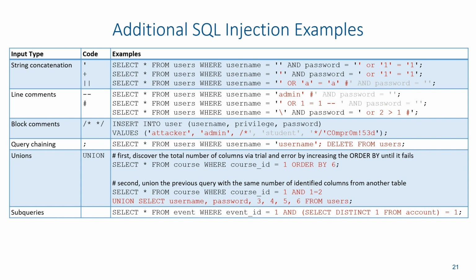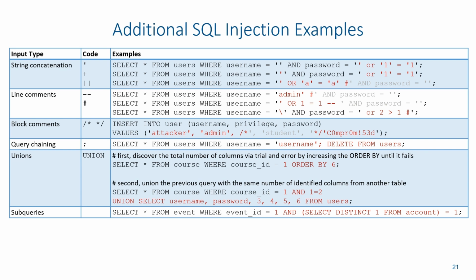So I want to concoct a query that is going to use union to return 6 columns. In this case, I'm going to say select star from course where the course ID equals 1 and 1 equals 2. So 1 never equals 2, so it's going to completely invalidate that first query and ignore it altogether. And the union is going to allow me then to append a second query to it.